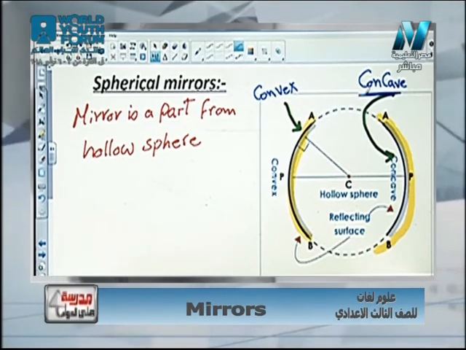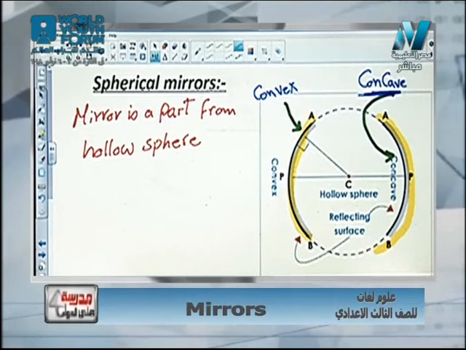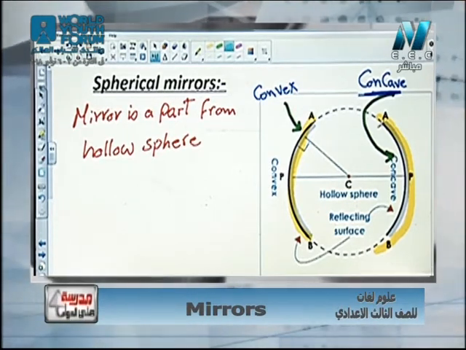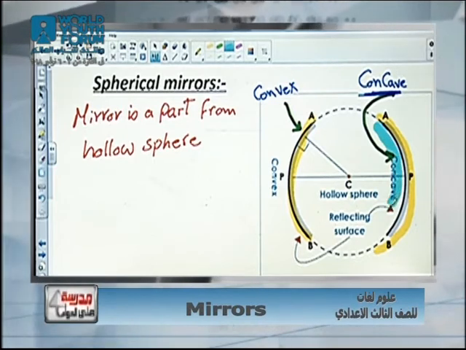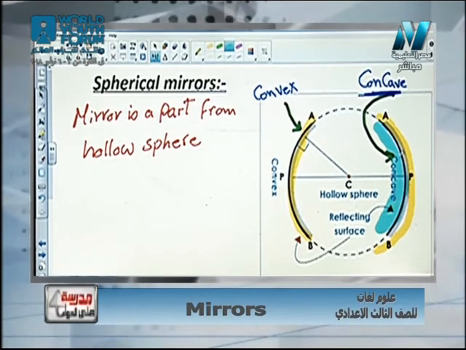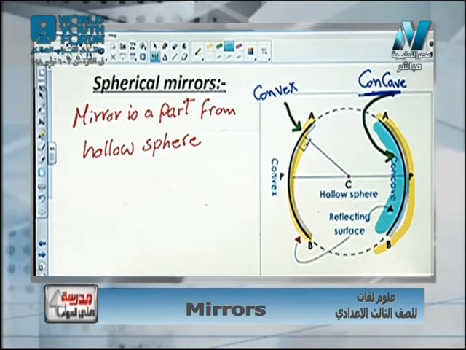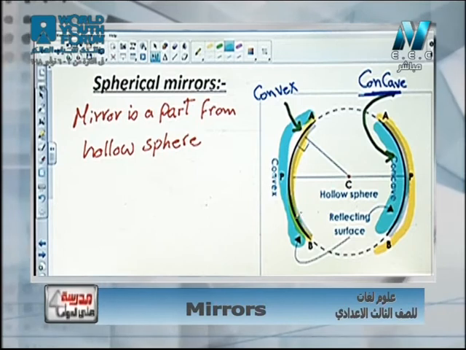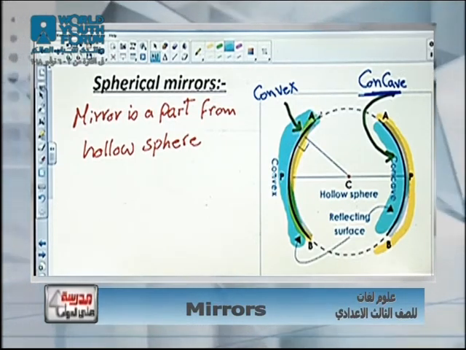Concave mirror is what? Is the inner part of the hollow sphere. Its reflecting surface is the inner part of the hollow sphere، يعني المراية اللي جوه. While convex mirror is the outer part of the hollow sphere, which means المراية هي الجزء الخارجي.